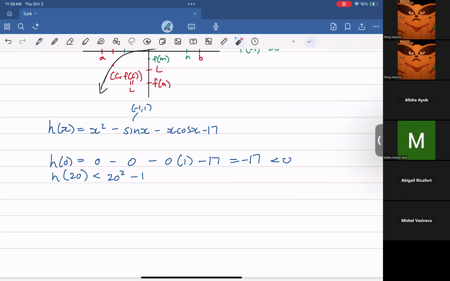And then this x cosine x, when cosine is equal to 1, this would be equal to 20. So you would be subtracting 20, and that's the worst that this term can do. And then you minus 17, right? So this is like 400 minus some small numbers, right?